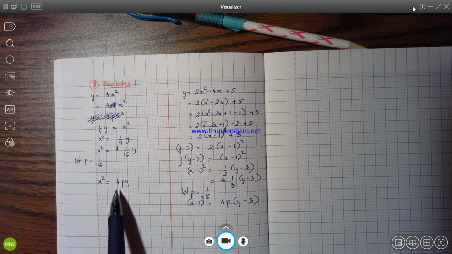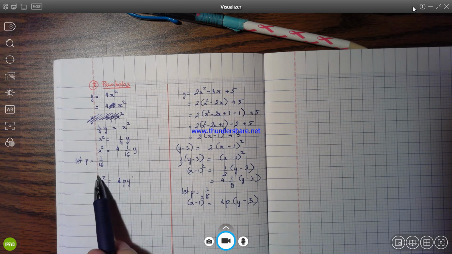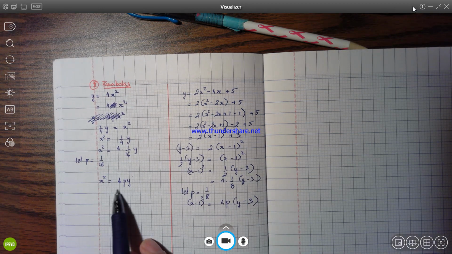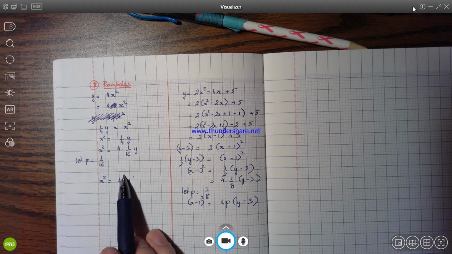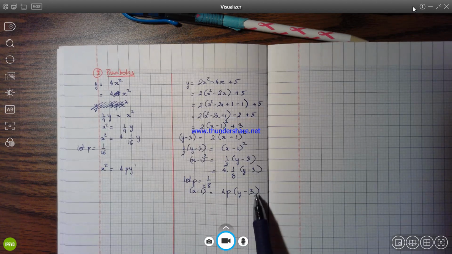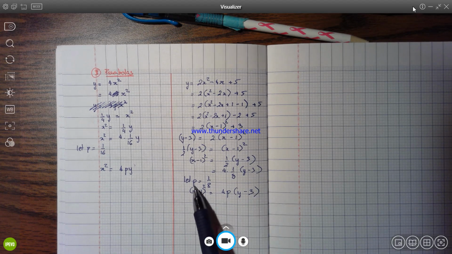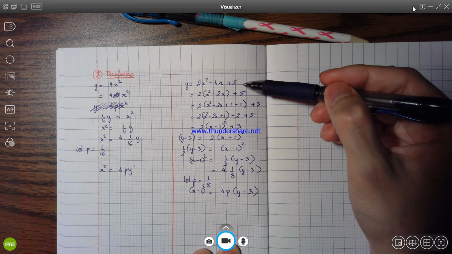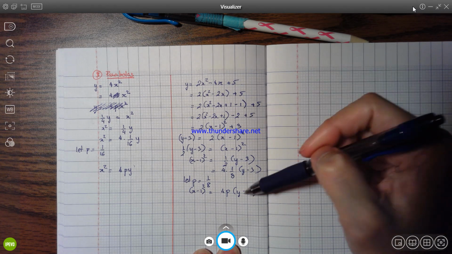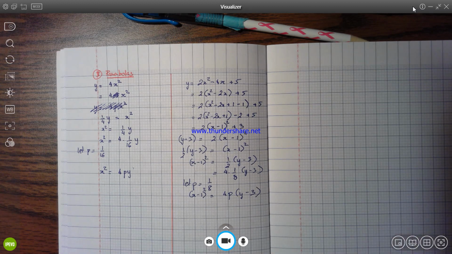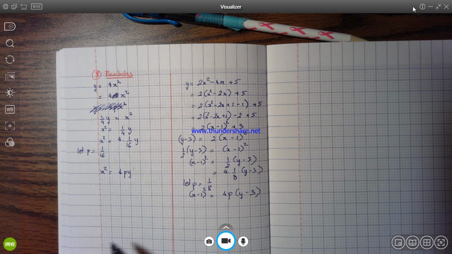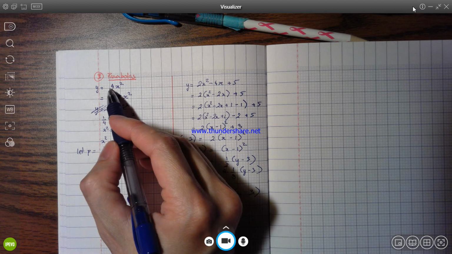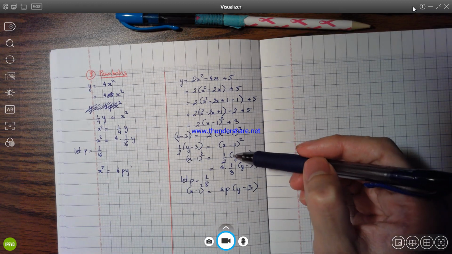It means that this equation here, after we manipulate, also has the origin as the vertex. And the same thing over here, this equation has the same vertex as this one, because this one comes from this. So it means that this vertex is at the origin, this vertex is somewhere else.